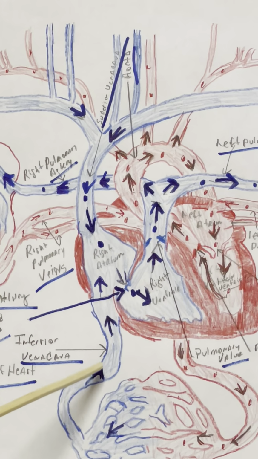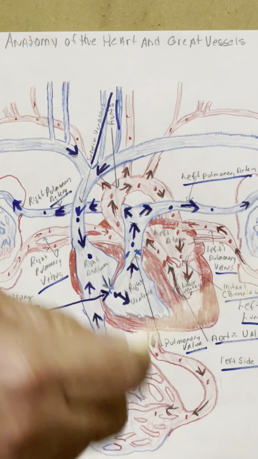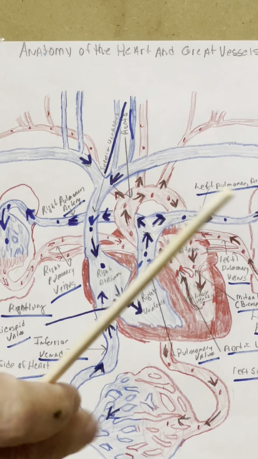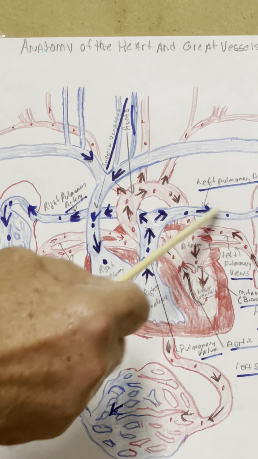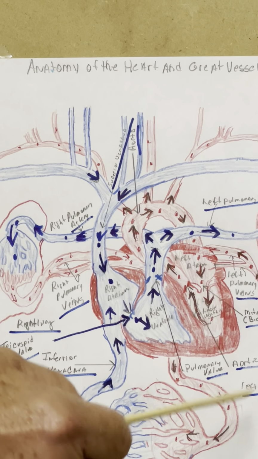Deoxygenated blood flows to the heart, except in two cases, right? But we'll talk about that in a minute. The oxygenated blood goes back into the heart and gets pumped out through the rest of the body.